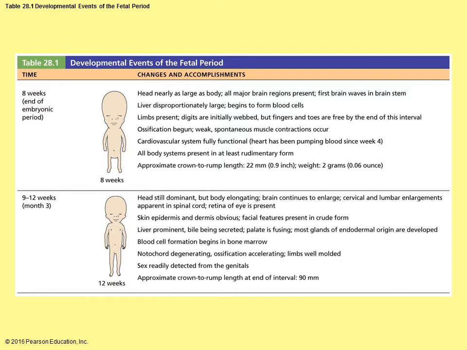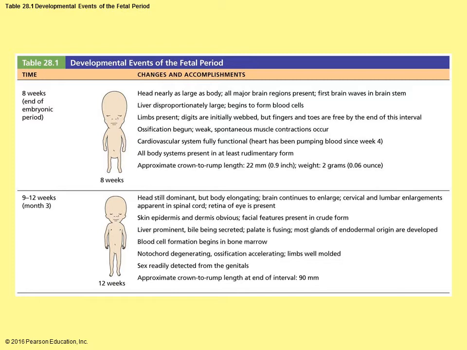The limbs are present. Ossification, the bones has begun. There is some spontaneous muscle contractions that are occurring. The cardiovascular system is functional. The heart usually starts pumping around between week 3 and week 4. So all the body systems are present. That's why now we changed the terminology from embryo to fetus.